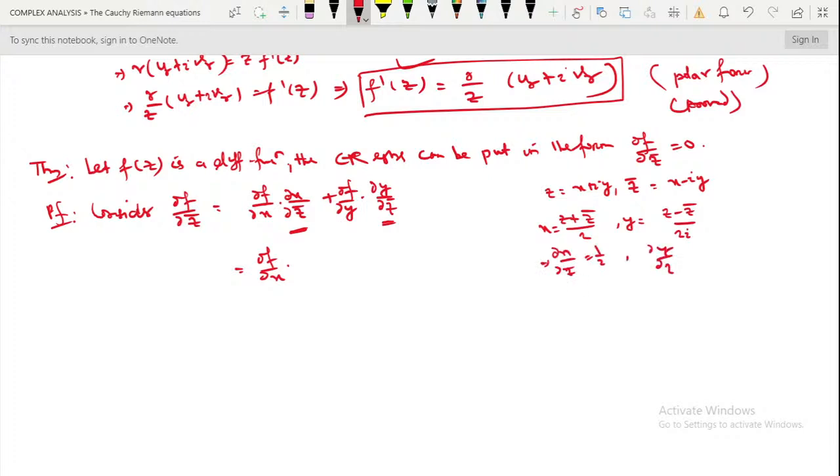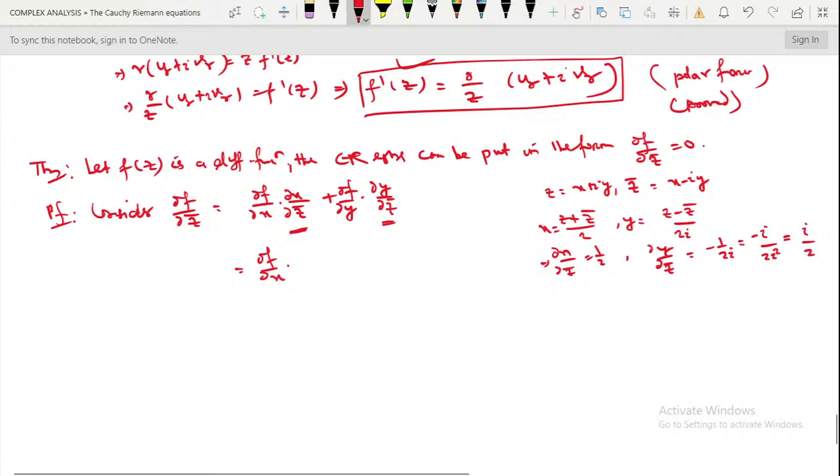Similarly, del y by del z bar will be minus 1 by 2i. Now if I multiply i on both numerator and denominator, this will be minus i by 2i square, and i square is minus 1, so this will be i by 2.